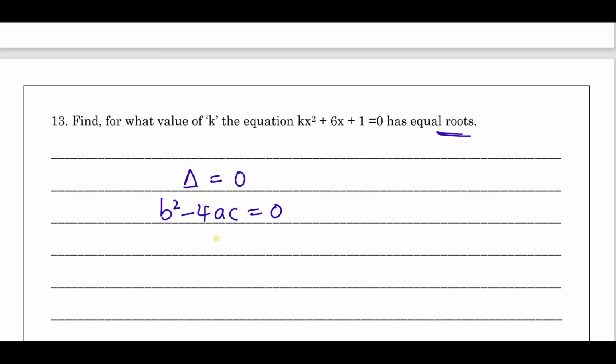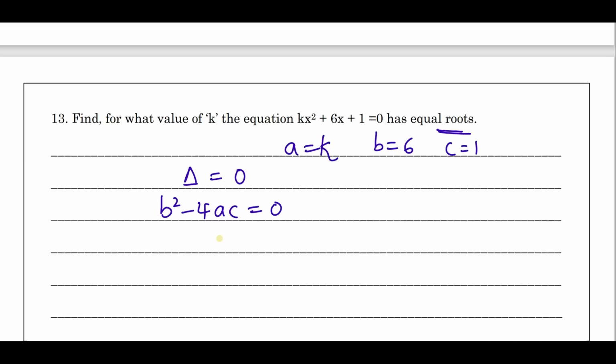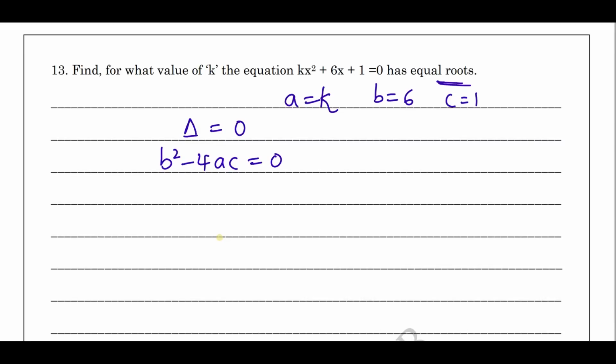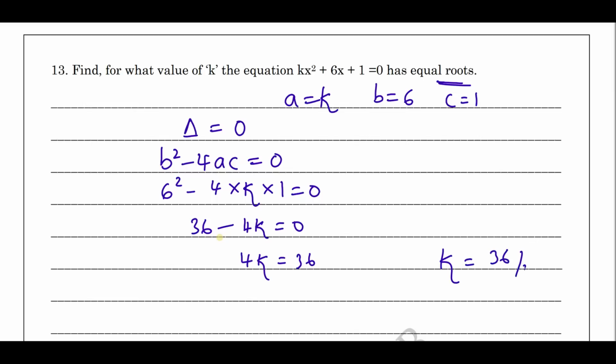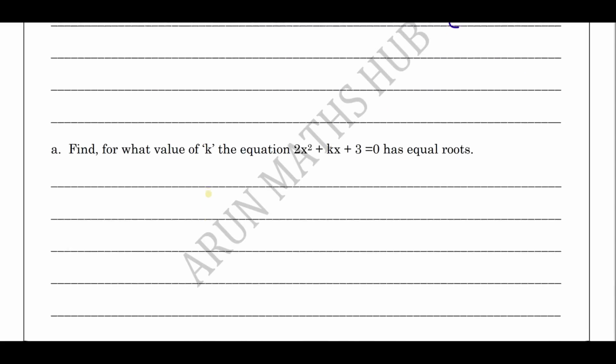Now substitute the values of A, B and C. A is K, B is 6, C is 1. b square is 6 square minus 4 into A is K, C is 1, equals 0. 6 square is 36 minus 4 into K into 1 is 4K. Now 4K equals 36. K equals 36 by 4. K equals what? 9. Similar questions are there.